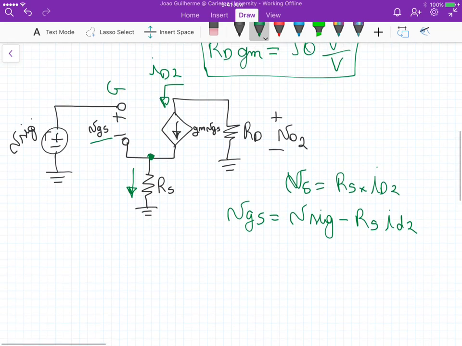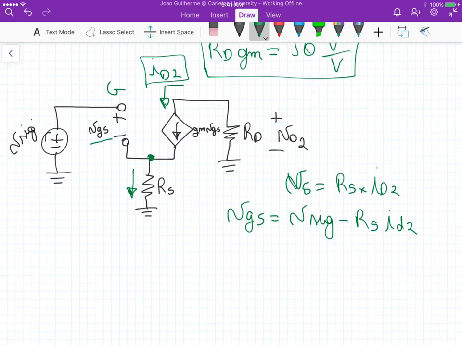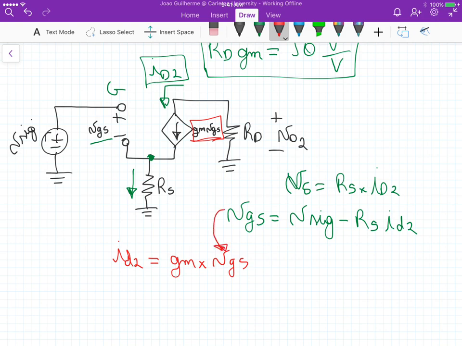And we know that this current ID2 is equal to gm times VGS, right? It's forced by this current source. And this VGS is equal to that.